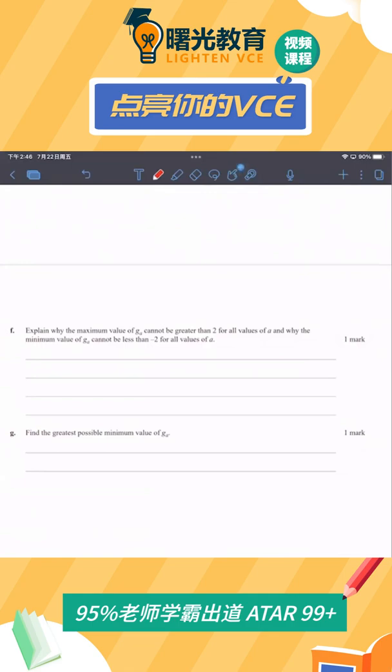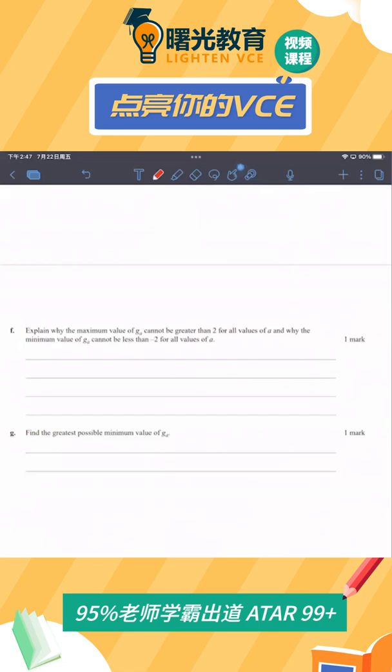No. The biggest possible sum you can have would be 1 plus 1, which is 2, not greater than 2. And if you have minimum -1 plus minimum -1, the minimum would be -2, it cannot be even less.